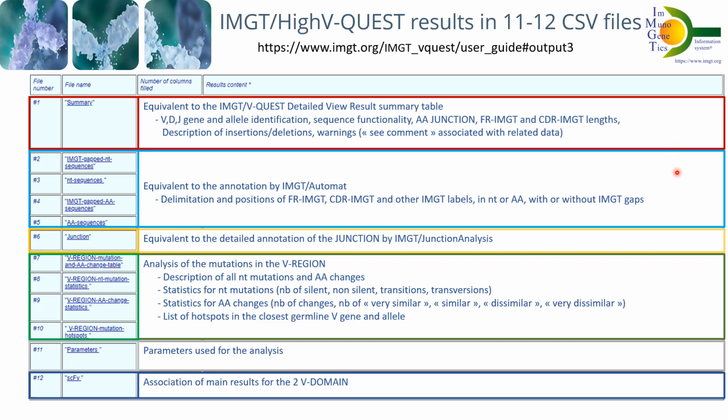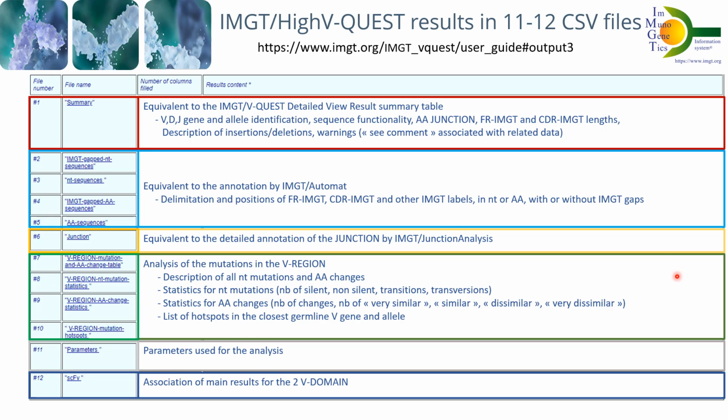Files 2 to 5 correspond to the annotation by IMGT/Automat with the delimitation and the positions of the FR, of the CDR, and of other IMGT labels in nucleotides or amino acids with or without IMGT gaps. File 6 provides the detailed annotation of the junction performed by IMGT/JunctionAnalysis.